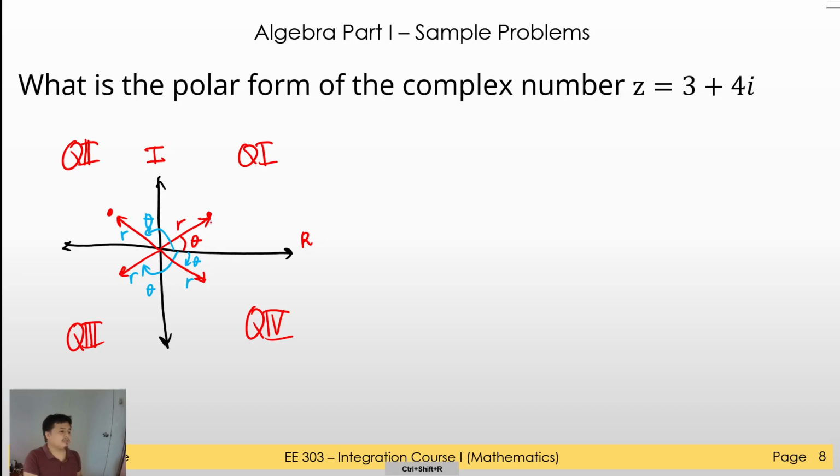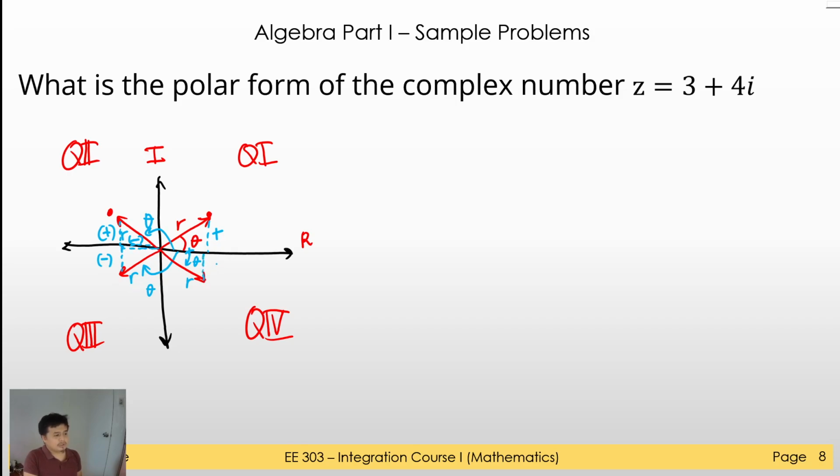So take note that we can form a triangle here. And as you can see, the sign here is positive for this horizontal portion of the triangle, and this will also be positive. But for this second quadrant, the horizontal will be negative, and this will be positive, the opposite side. And for quadrant 3, this will be negative for the height of this triangle, and this will also be negative with respect to its horizontal.